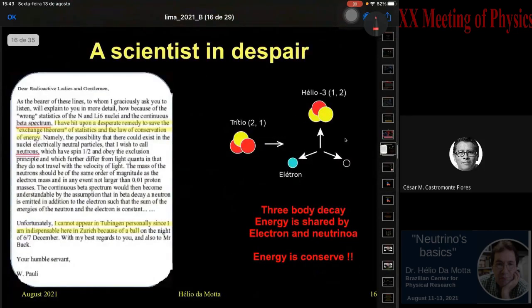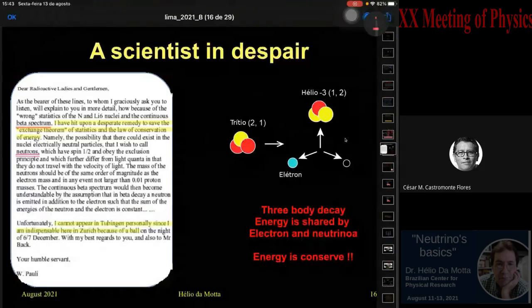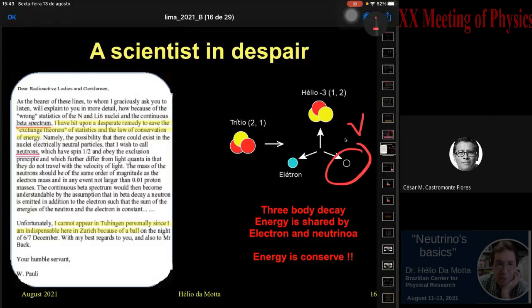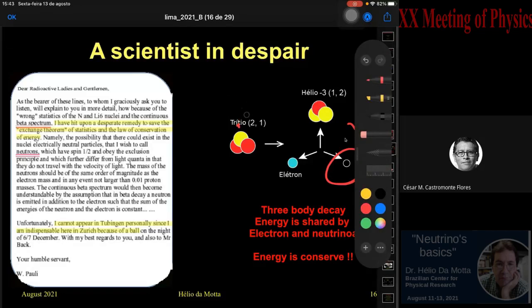So remember here, at the very beginning, I showed this thing here. The explanation of Pauli for this process where they have tritium going into helium, and then he proposed, well, there is a, now we call it neutrino here. Remember what you have in the tritium? Tritium was this yellow here, it would be a proton. Now, let me use the same color just to make sure things are clear.